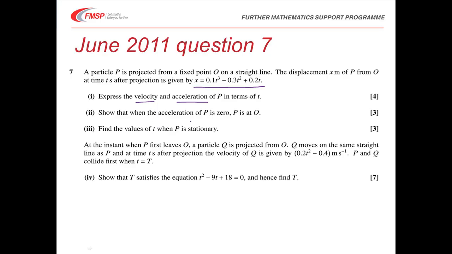Then show that when the acceleration of p is 0, p is at 0. Okay, we can do that. Third part, find the values of t when p is stationary, in other words when it's not moving and its velocity is 0. We'll come back to part 4 when we've done the first 3 parts.